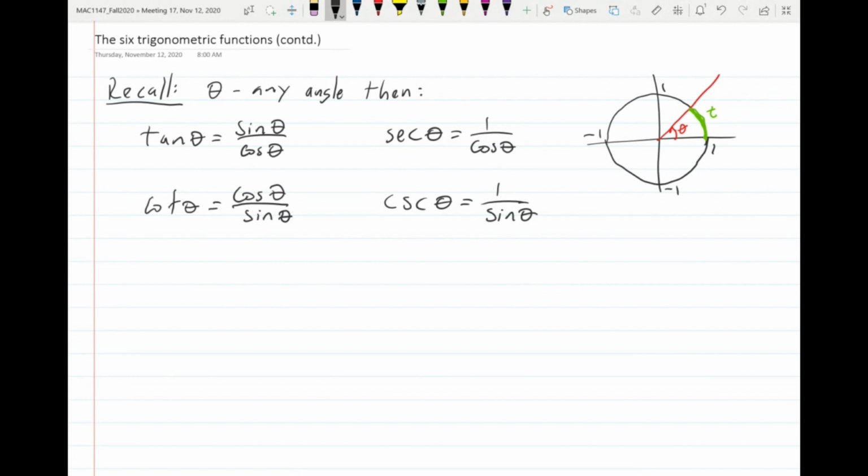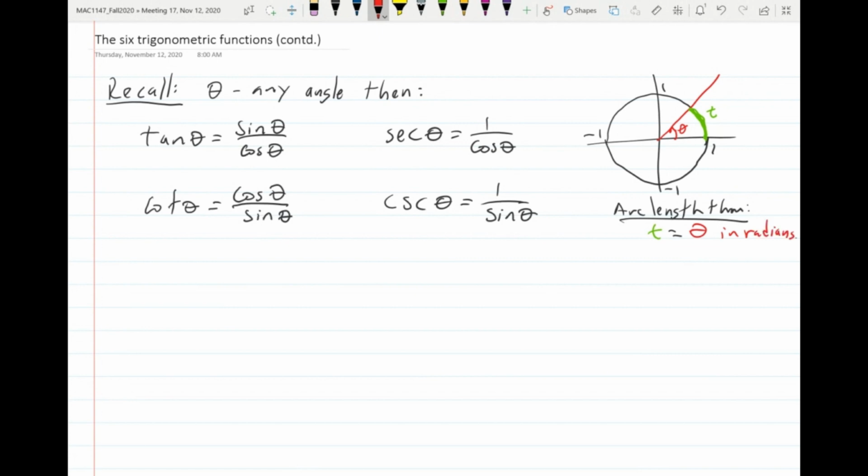So the arc length theorem tells us that T equals theta in radians. In radians, this is very important.